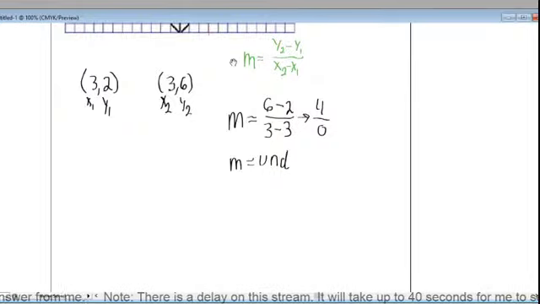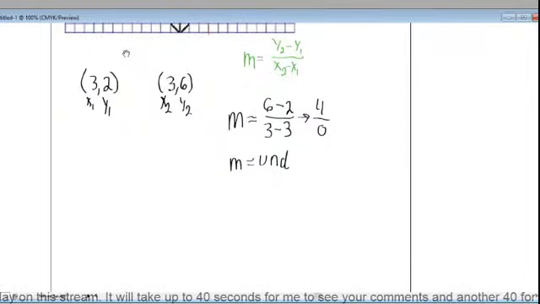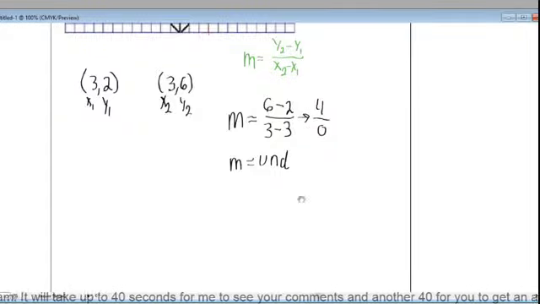And if we want to use it, we have to define which point is the first one and which one is the second one. It does not matter which one we choose to be the first one and which one we choose to be the second one, just as long as we keep it straight when we start putting things into that formula.